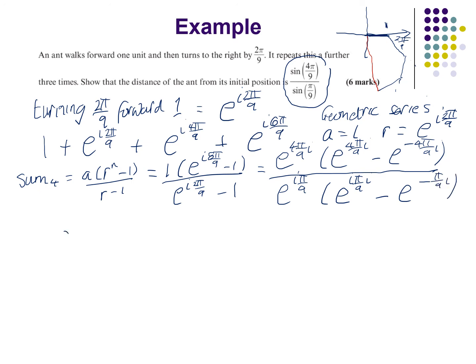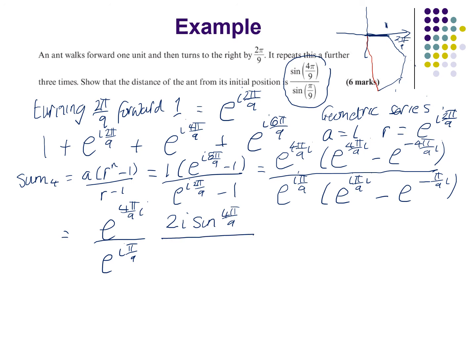Now, do you remember when we were doing those before? So I'm going to leave that the same. Okay. If I write my exponential form as cos plus i sine, e to the 4π by 9 i is cos 4π by 9 plus i sine 4π by 9. The other one is cos 4π by 9 minus i sine 4π by 9. So what I get on the top is 2i sine 4π by 9.